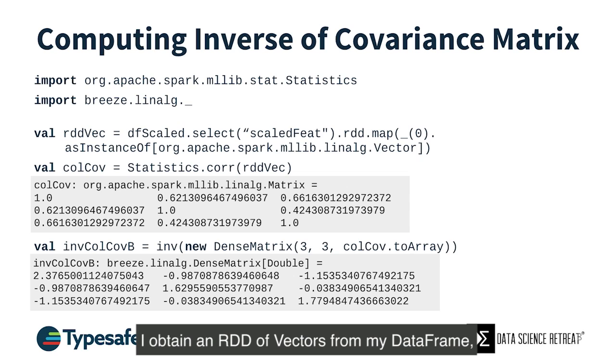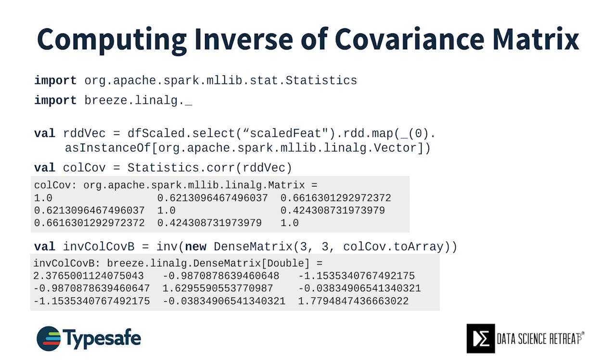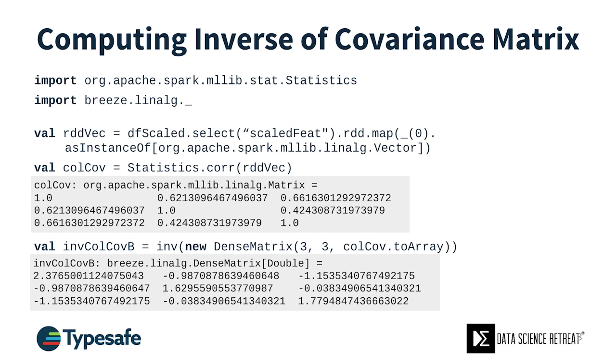I obtain an RDD of vectors from my data frame, selecting only the column feature vectors, accessing its RDD attributes, and then mapping each feature vector into an MLlib vector. Next, I use the statistics object to compute the correlation matrix for the feature vectors.